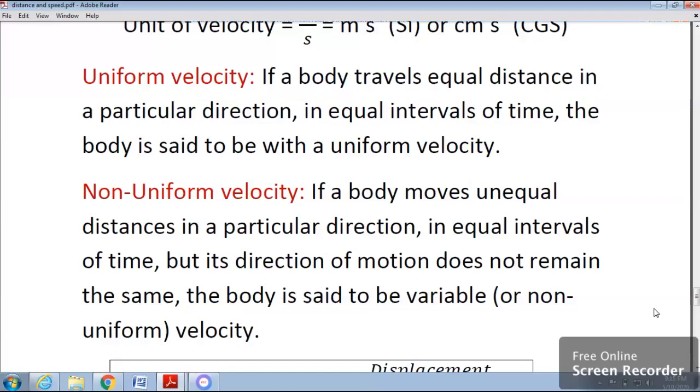Similarly, an example of non-uniform or variable velocity is the motion of a freely falling body: although the direction of motion of the body does not change, the speed continuously increases. Similarly, the motion of a body in a circular path, even with uniform speed, is with variable velocity, because in a circular path at every point the direction of the body is changing.